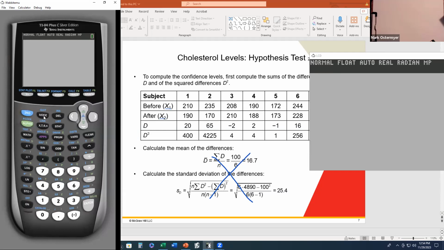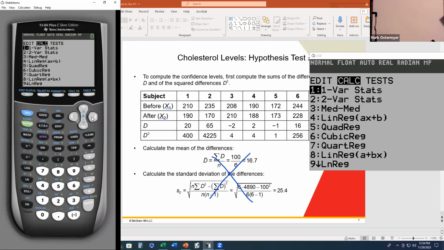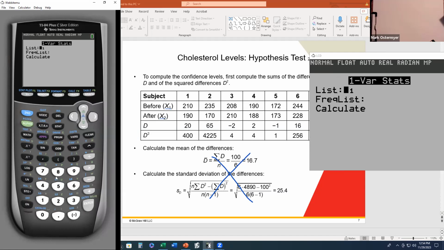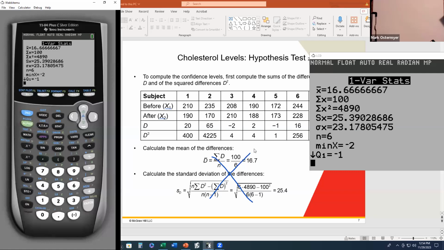So second mode to quit, Stat, calculate 1var stat for list 3, second 3. And ladies and gentlemen, you have the mean of those differences, which is about 16.7. You have the standard deviation of those differences. Don't use lowercase sigma sub x, use s sub x. 25.4 is the standard deviation of all those differences.